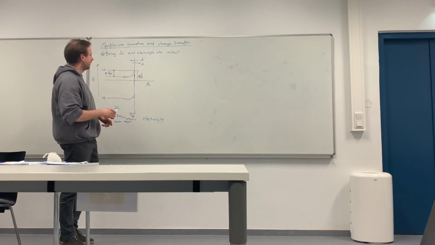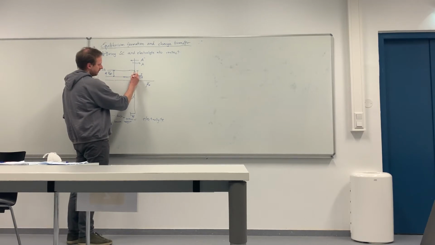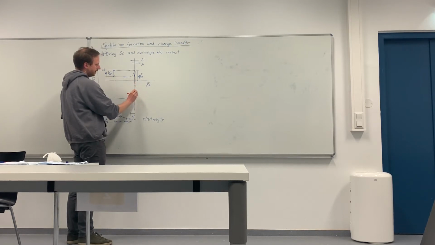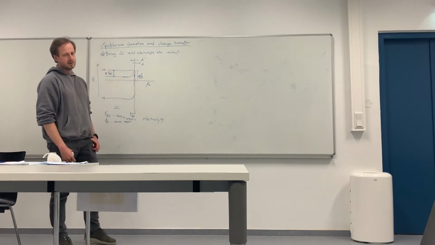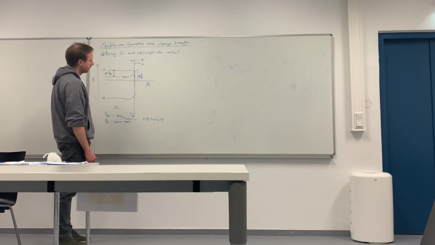And this means in turn that here at the phase border you have a thin layer of negative charge: electrons that left the semiconductor during the formation of equilibrium because energetically it is favorable.